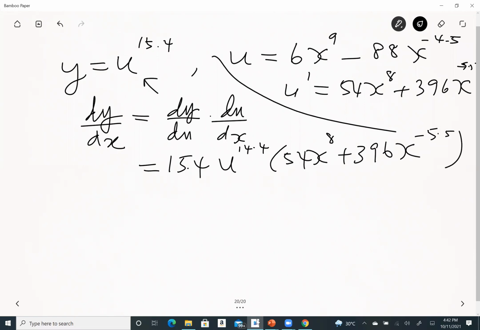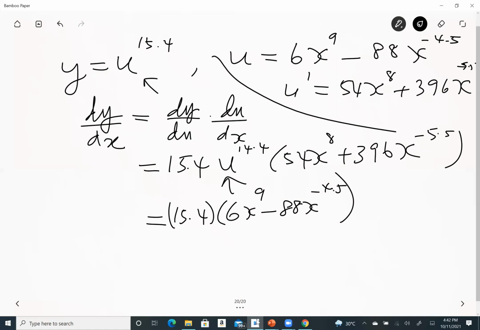But you have to put in the u. All right. So I have 15.4. Put the u, 6x to the power of 9 minus 88x to the power of negative 4.5. Reduce the power by 1. Okay, you got that already, 14.4. Then multiply by u prime. Okay, finish that. So that is dy dx.